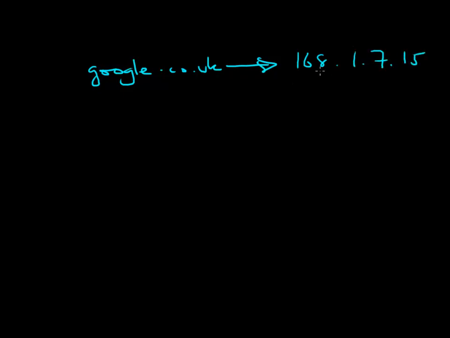So an IP address will be associated with that, and all of these IP addresses and their associations to their domain names get stored on something called a DNS server, so domain name system server.